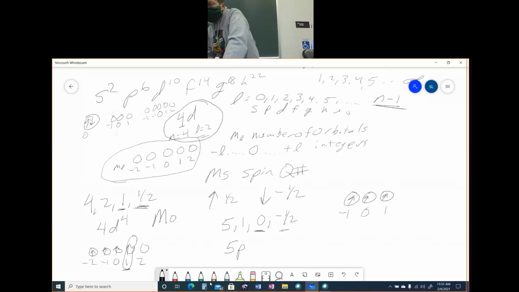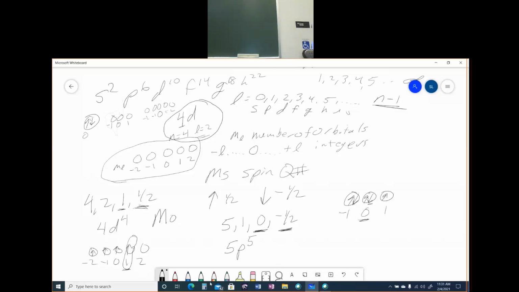So 1 electron in each one would spin up. Then once they all have 1 electron in it, now we go back to the beginning and we start pairing them up. And so when we get here at 0 and it spin down, we stop. That's the electron that we're looking at. And it required us to put in 5 electrons into the 5p. And so that is a 5p5.